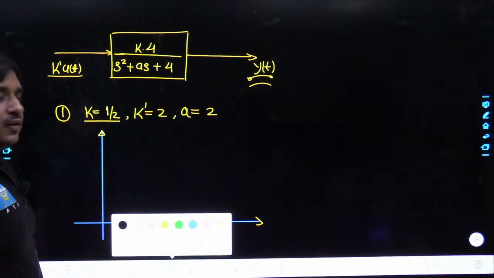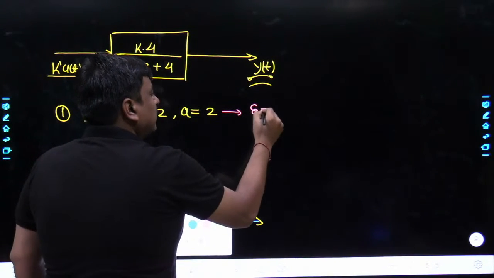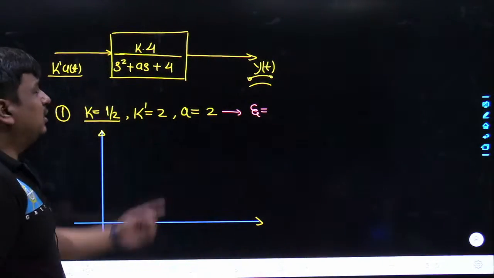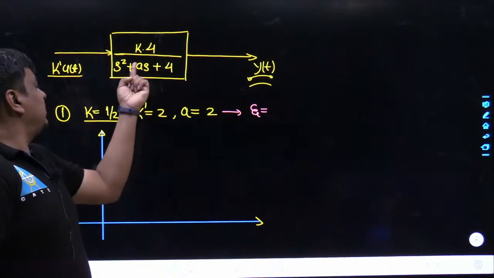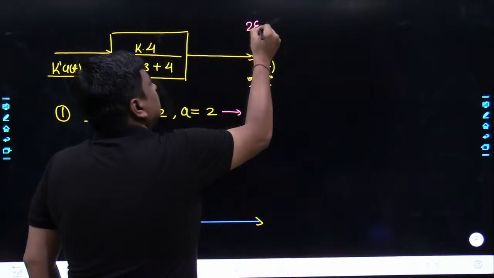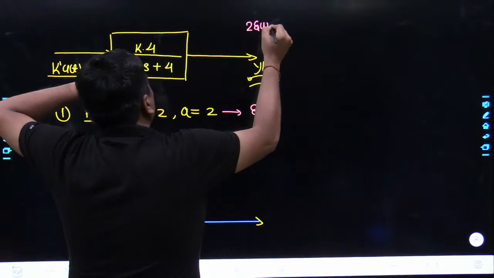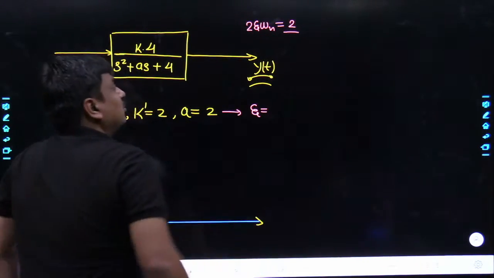So first tell me what would be the value of zeta? You can see very well the value of omega n is nothing but 2, and instead of 2 zeta omega n, we have got a, where a has been selected for the first problem as 2.